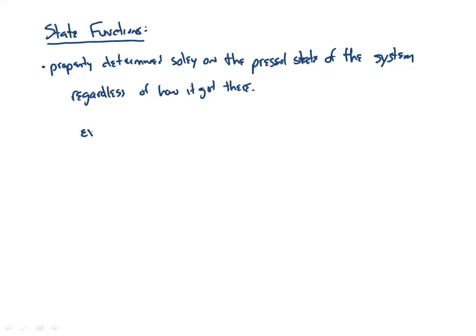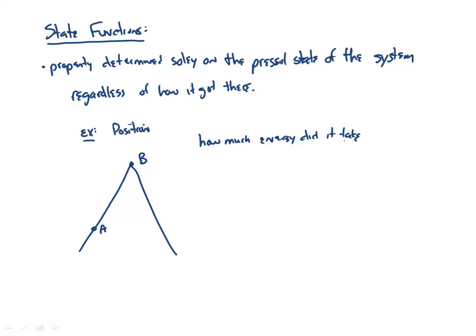An example of state functions is things like position. So if I have a mountain climber at position A, we don't care how he got to position A, that's just a measurement of his height. But if I ask how much energy it took to climb from A to B, that matters.